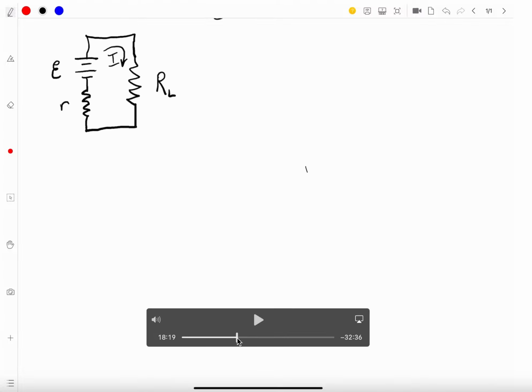So let's look at another circuit. Here's the basic circuit for a battery, which used to be where the E is. It used to be just that, but now we've got the E, and it was called a voltage, overall voltage. But now we've got the R, internal resistance, the electromotive force, and we've got our RL for load, and then there's a current that's going to go all the way around.